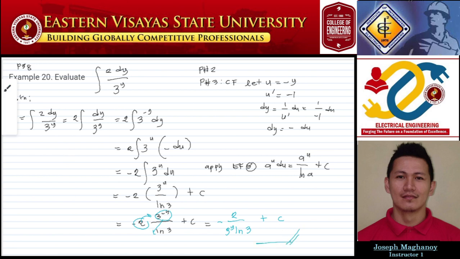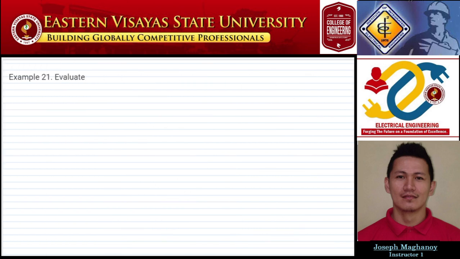Okay, let's proceed to our next example. Example number 21, you can find it in your workbook, page 39, sorry. Let's evaluate the integral of quantity e raised to x plus e raised to negative x squared dx.